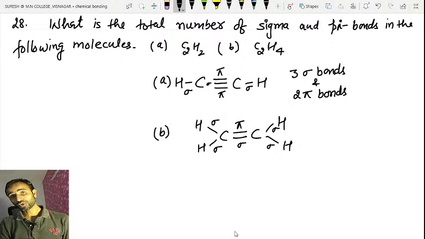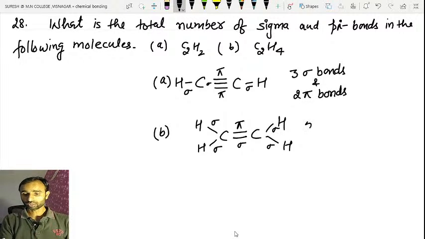Multiple bond means 1 plus 1: one is sigma, one is pi. If there are three, sigma is only 1 and the rest are pi bonds. So total 5 sigma bonds and 1 pi bond.